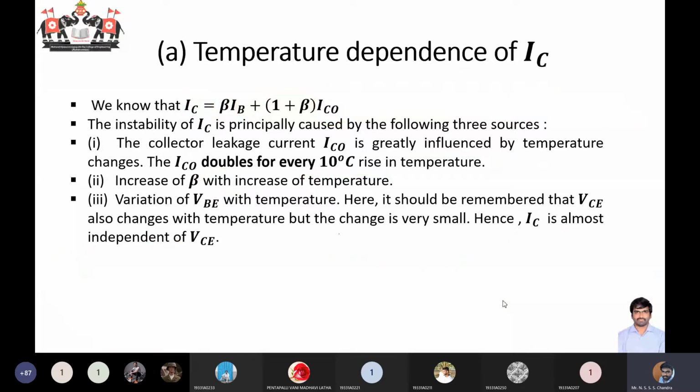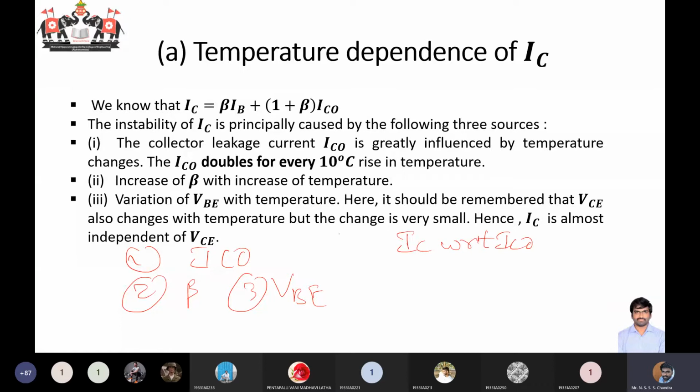So we have three parameters: IC0, beta, and then VBE. If you want to check only how IC is changing with respect to IC0, we are going to fix beta and VBE as constant. If we decide in such a manner, then we call the stability factor S.